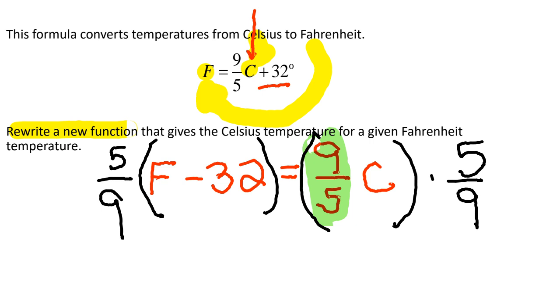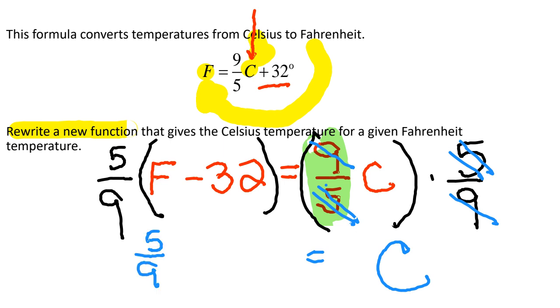And as you see, this 9 and this 9, this 5 and this 5 cancel, leaving me with a C that I want. My answer is 5/9 in front of a parenthesis that has F minus 32.